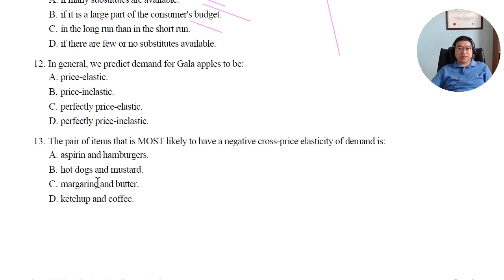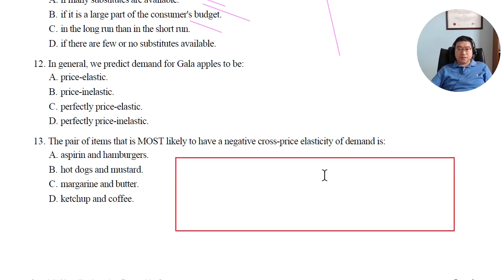Okay, question 13. The pair of items that is most likely to have a negative cross price elasticity of demand is. Alright, let's write a little bit of notes here. If the cross price elasticity of demand is negative, what does it mean?